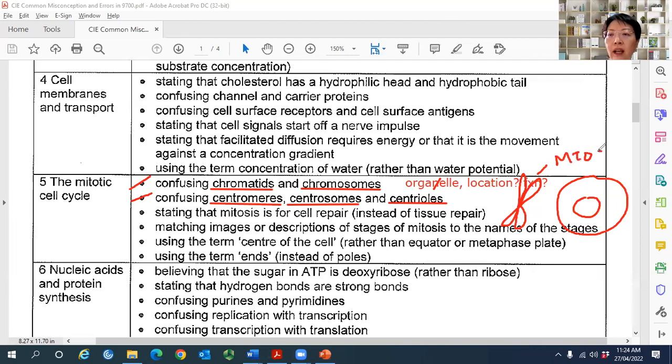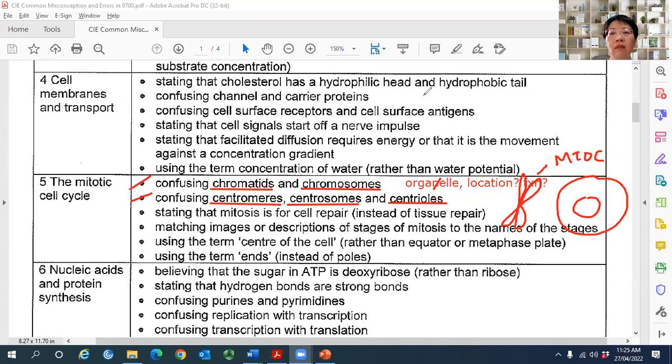That means this is an organelle, a location in the cell where the microtubules are being synthesized, so that you can synthesize the structures that need microtubules, like centrioles, like cilia, like flagella, right? Okay, MTOC, very good.